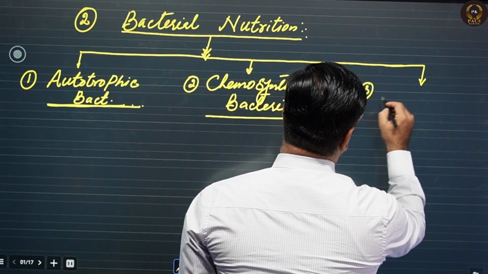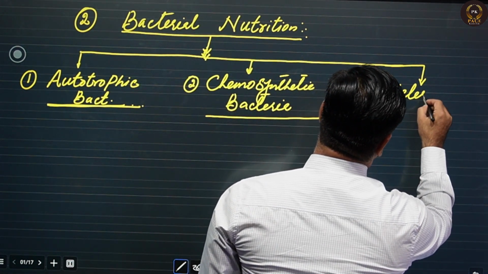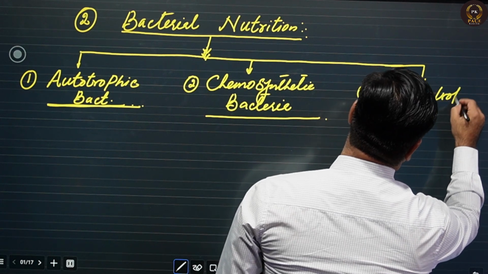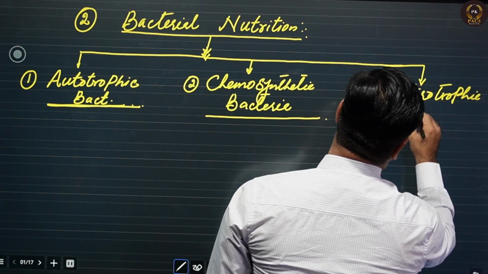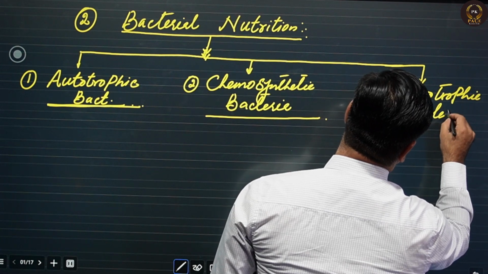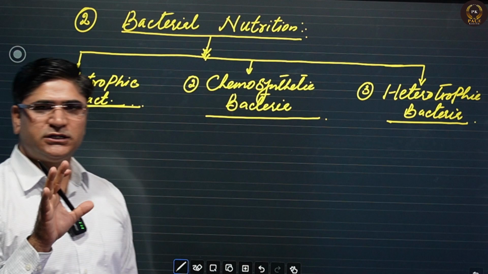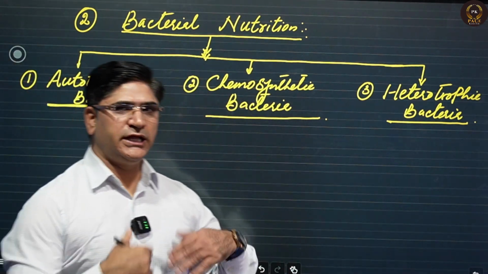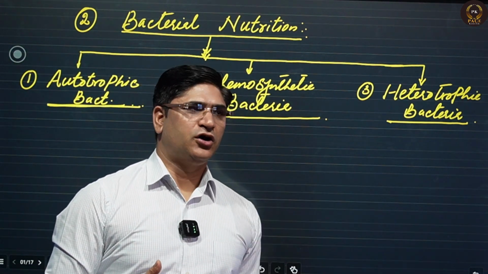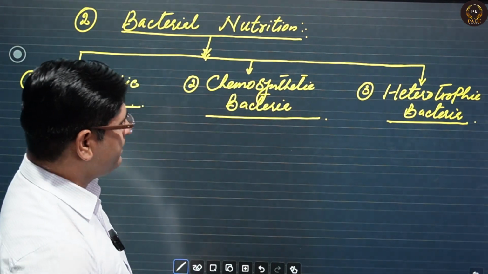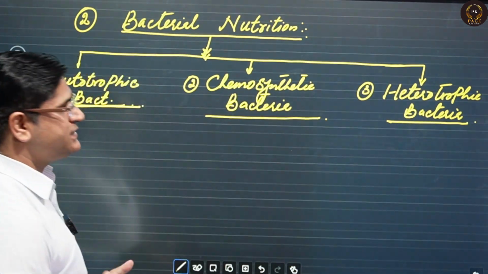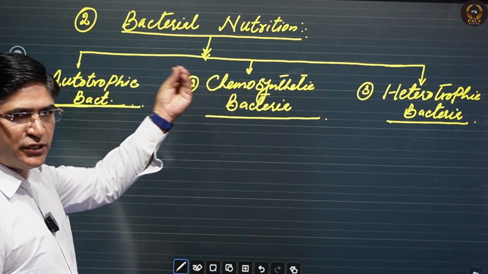And third are heterotrophic bacteria. These are bacteria which do not prepare their own food. They depend upon other organisms to obtain their food. So there are three categories of bacteria based on nutrition.